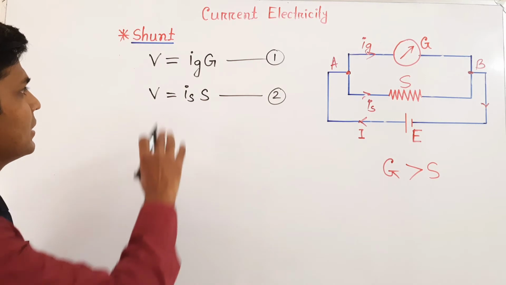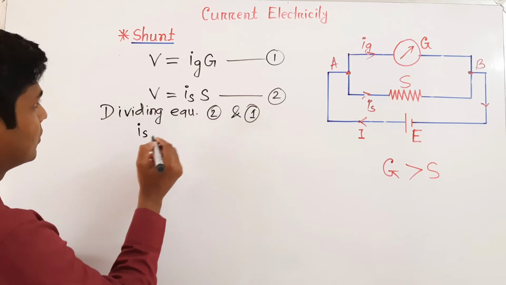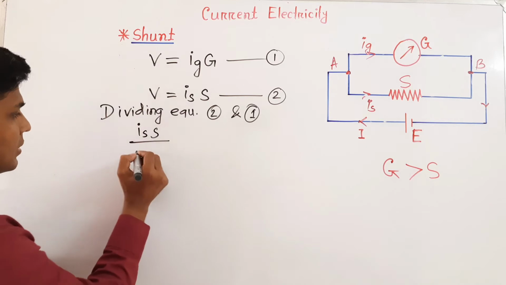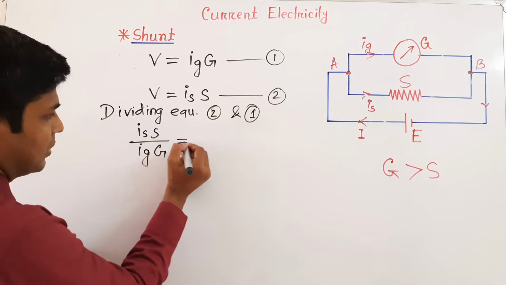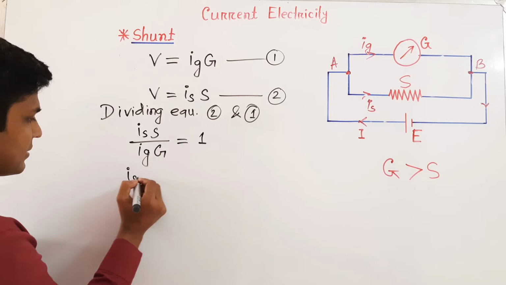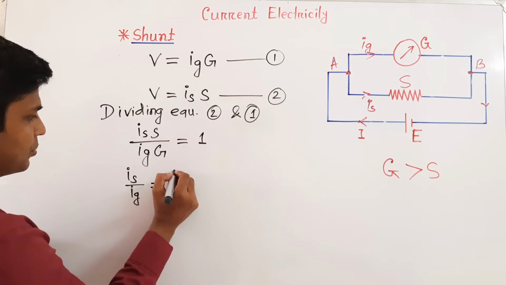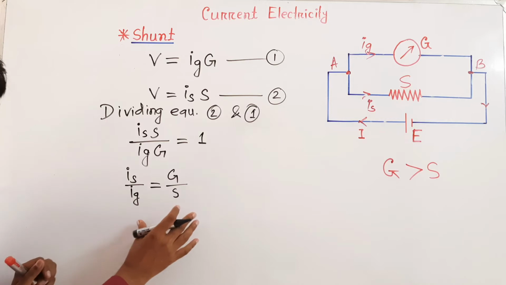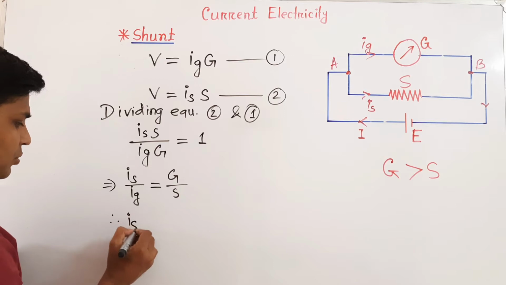Now if we divide these two equations, we can write Is into S divided by Ig into G equals 1. So we can write Is divided by Ig equals G divided by S. From this equation we can calculate the current passing through the shunt.